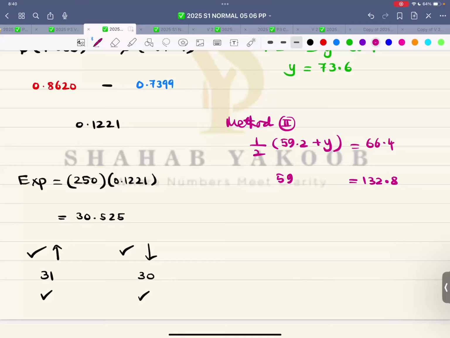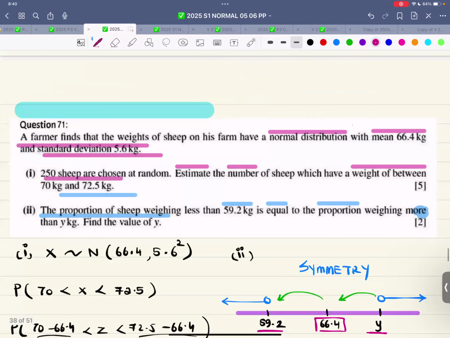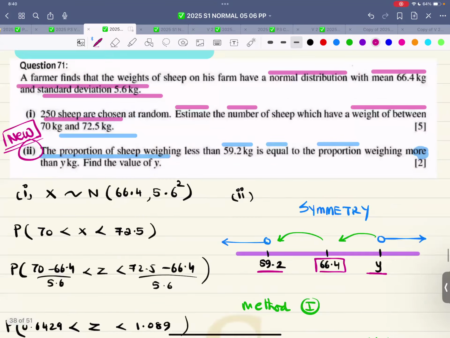And this is 59.2 plus Y. So Y is 132.8 minus 59.2, therefore Y is 73.6. So a very nice question, something related with symmetry. This is also brand new, but based upon symmetry.